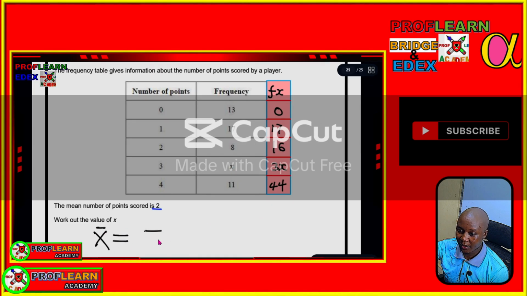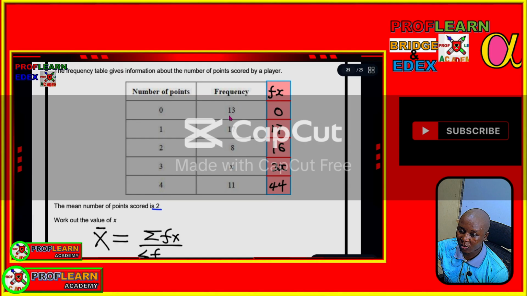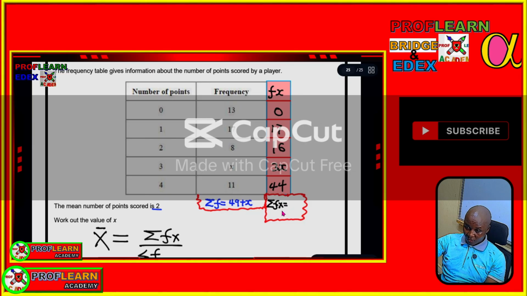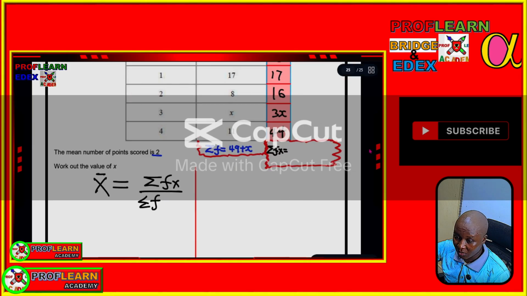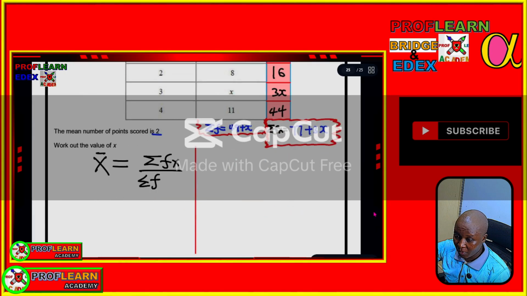So if we add these, we're going to say mean is equal to summation of fx over summation of f. The mean we are told is 2, so we shall say 2 is equal to what? Summation of f is going to be 49 plus x, and summation of fx is going to translate to 77 plus 3x.